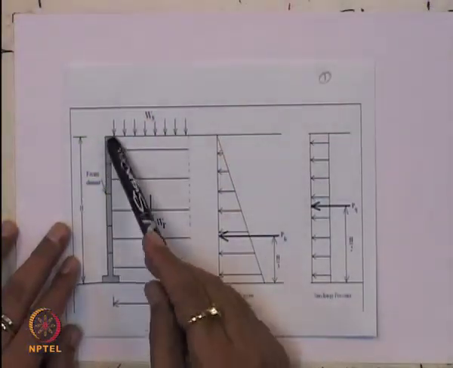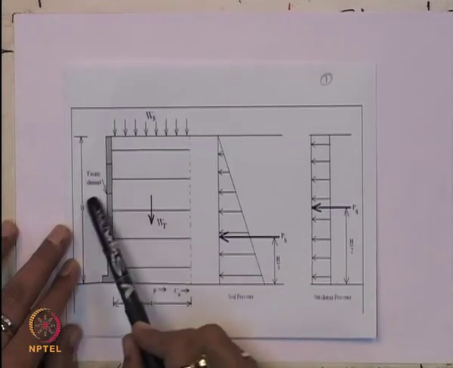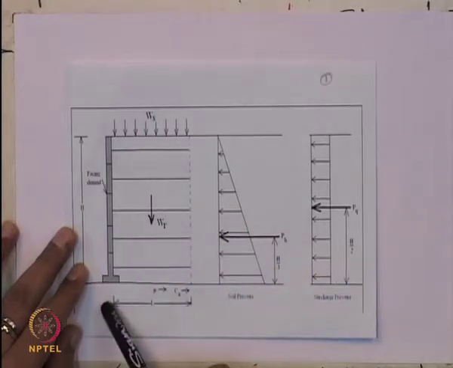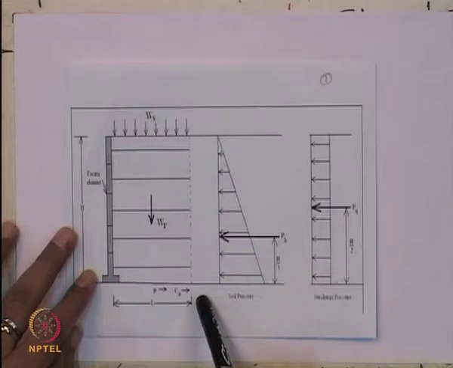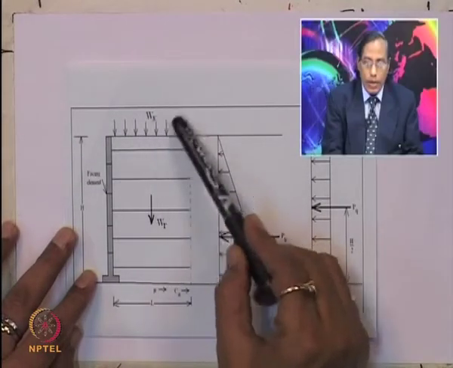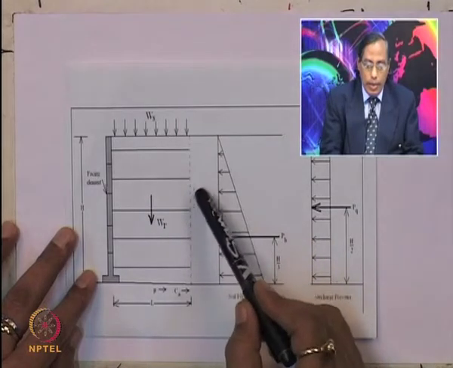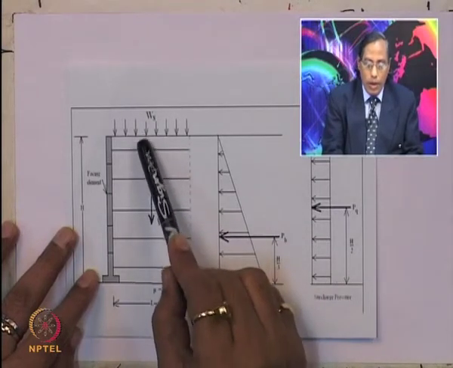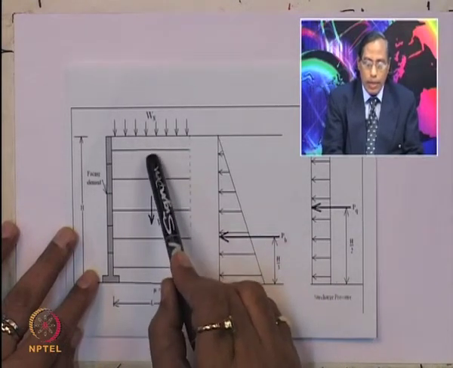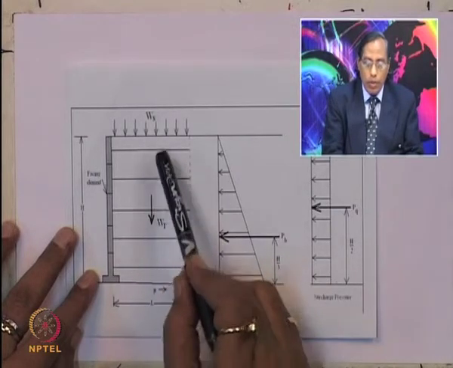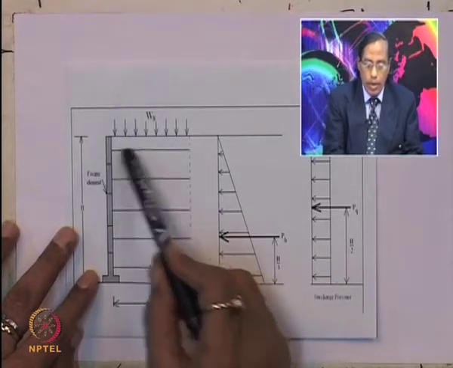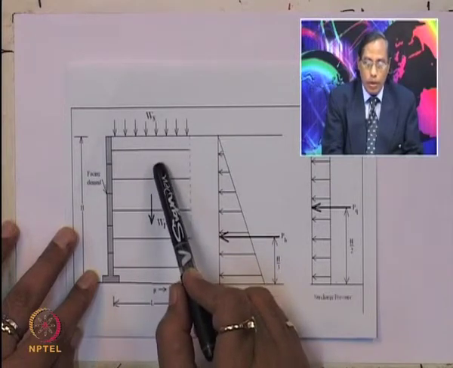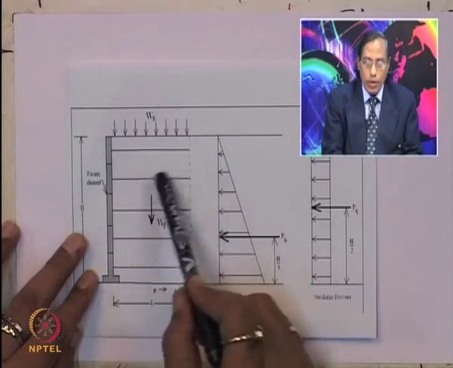If this is the wall whose height is equal to H, and this is the facing element, and the length of the geogrid reinforcement is L, and Ws is the surcharge pressure, you have to check the weight of the surcharge load. If the weight of the surcharge load is W of Q, then W of Q will be equal to Ws times the length of the reinforcement L. That means the weight of the surcharge load Wq will be equal to Ws into L.